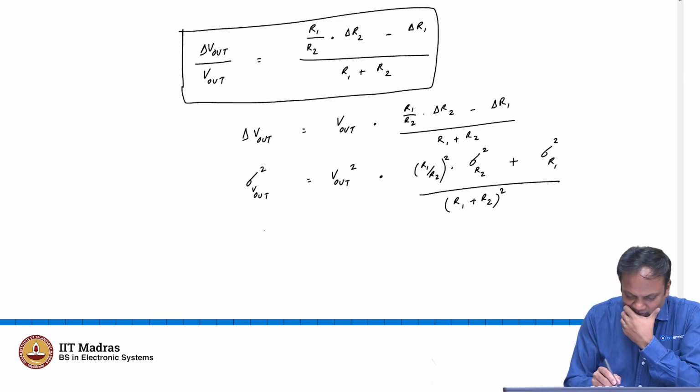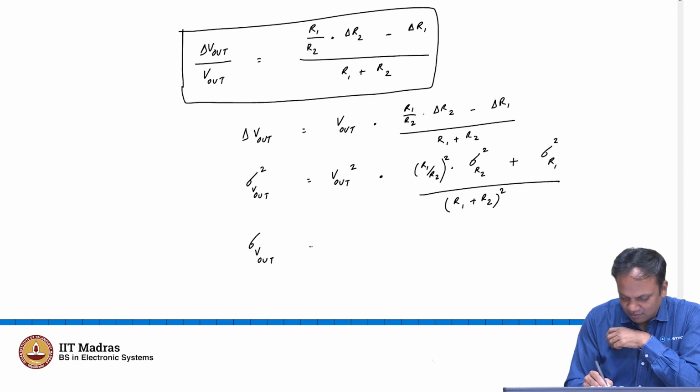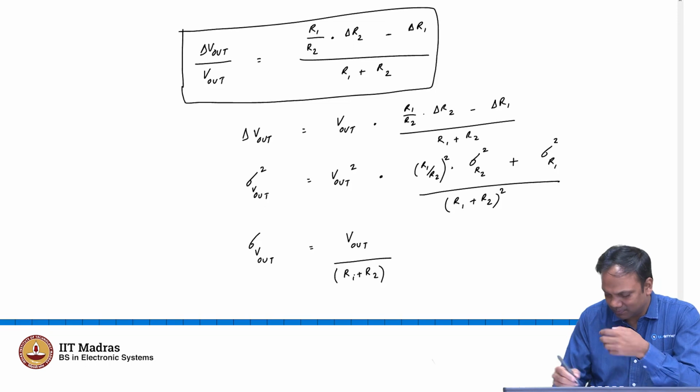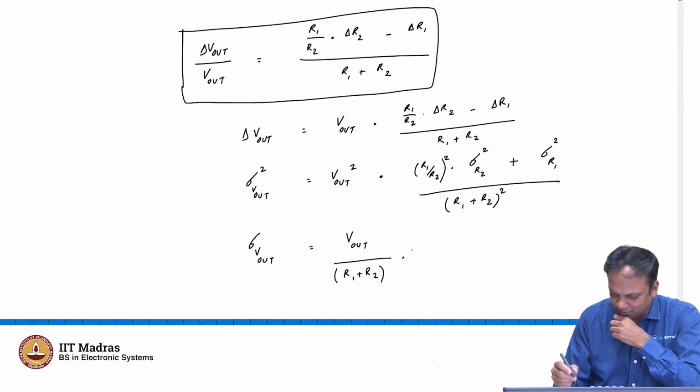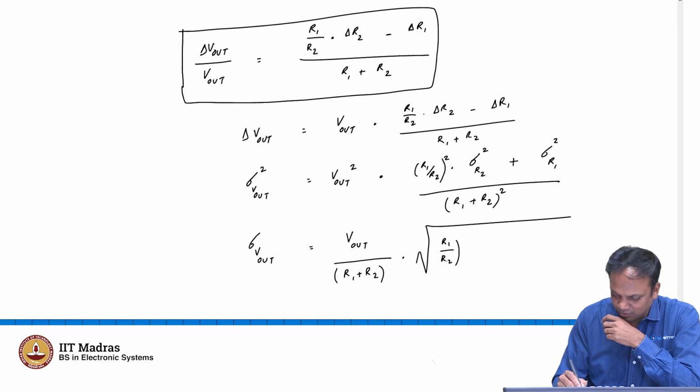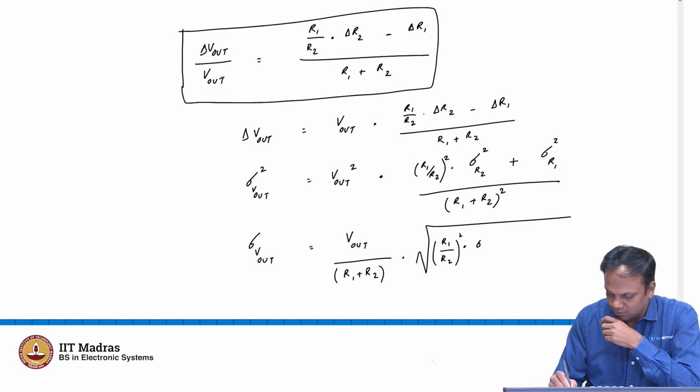So standard deviation, which is the square root of variance, will be V out divided by R1 plus R2. We can put that denominator wherever we want; I wanted space for the square root, so I moved R1 plus R2 out, into the square root of R1 by R2 the whole square into the variance of R2 plus the variance of R1.